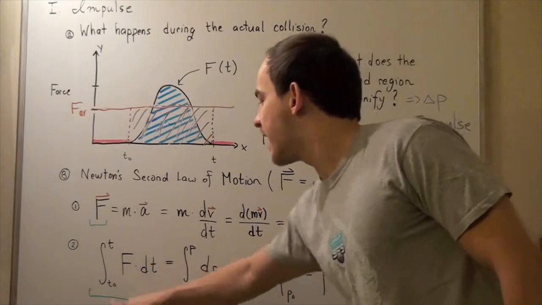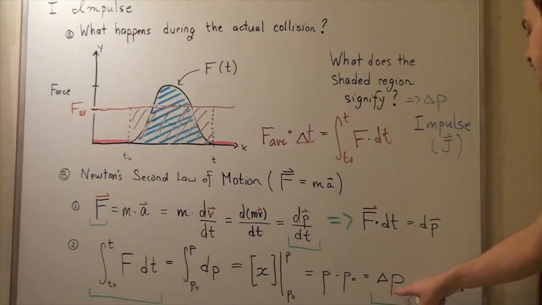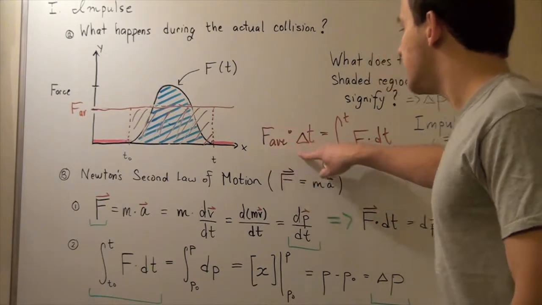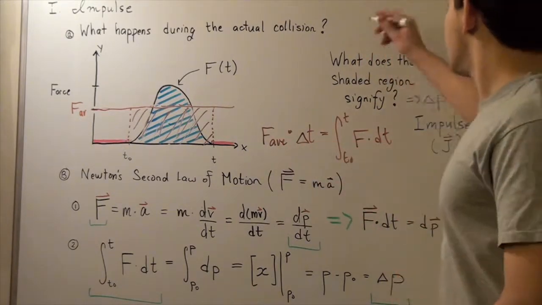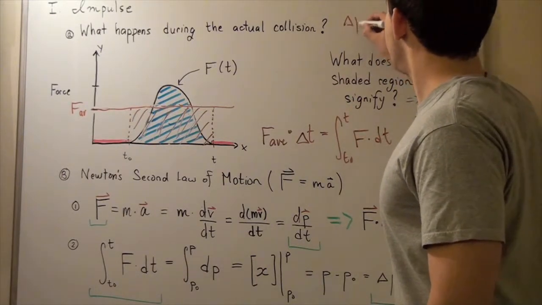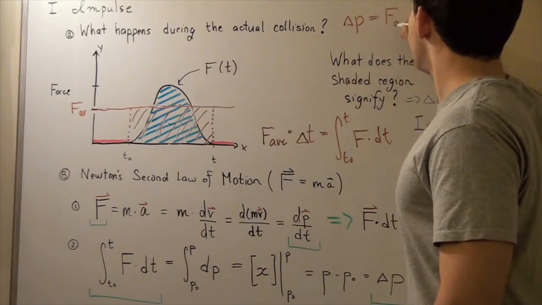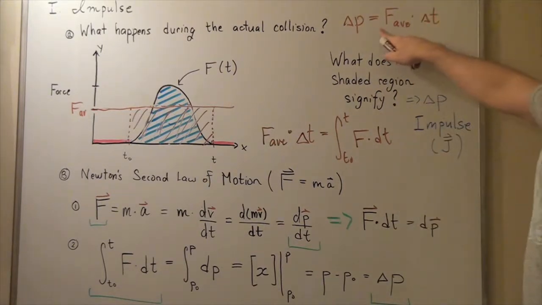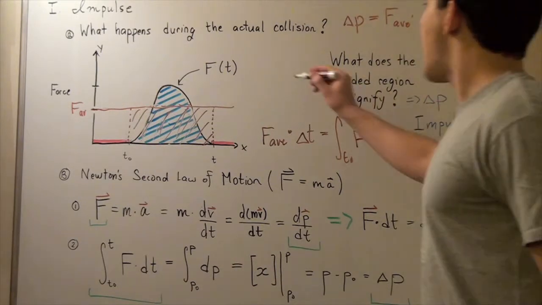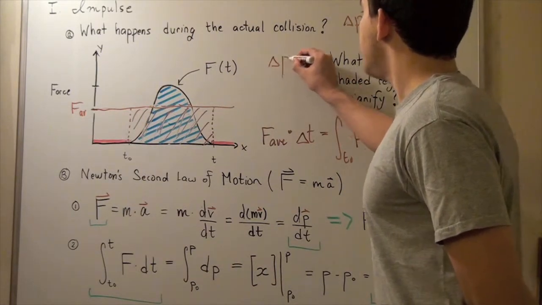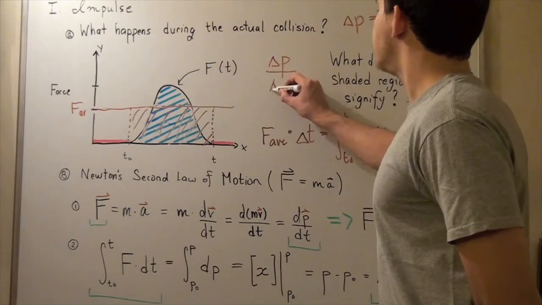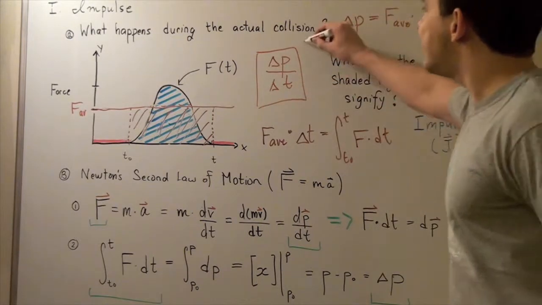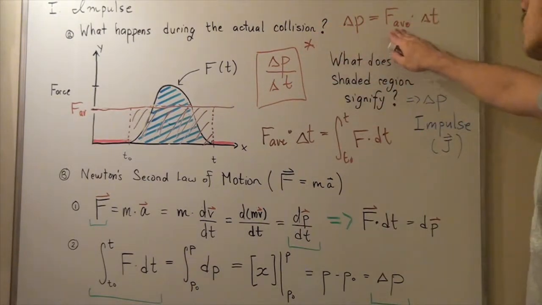And note that this is the same thing as change in momentum, our change in p. So let's write that on top here. Change in p is the same thing as average force multiplied by change in time. So if I want to find what my average force is, I simply take my change in p, change in momentum, and divide that by change in time. And this is an important formula because it gives me what my average force should be.